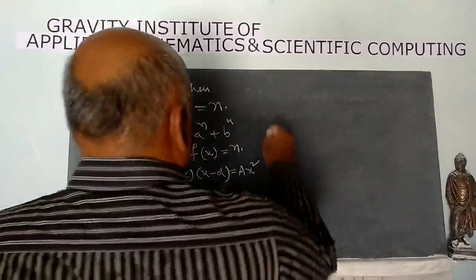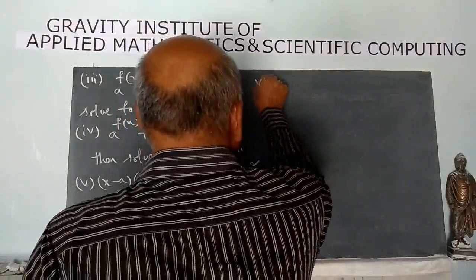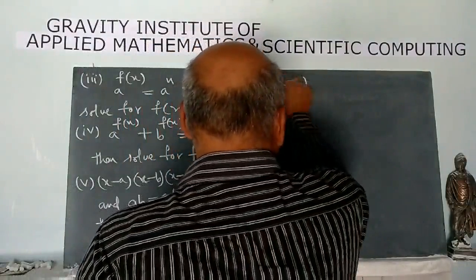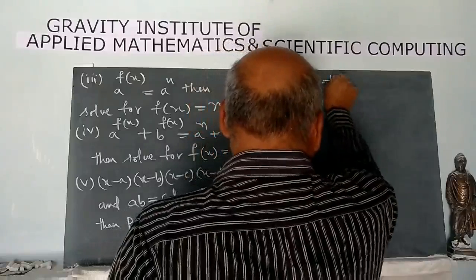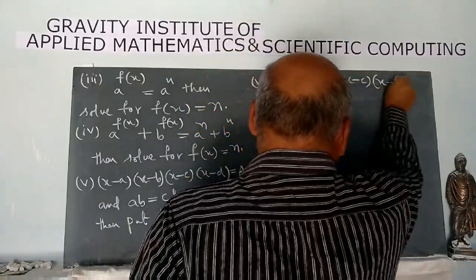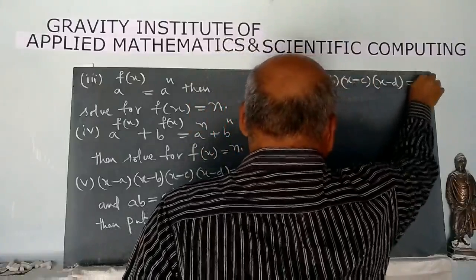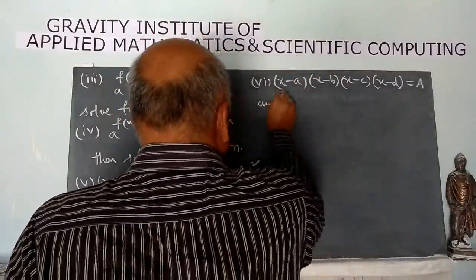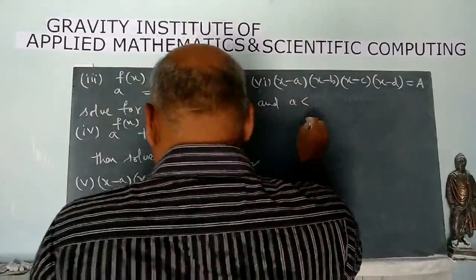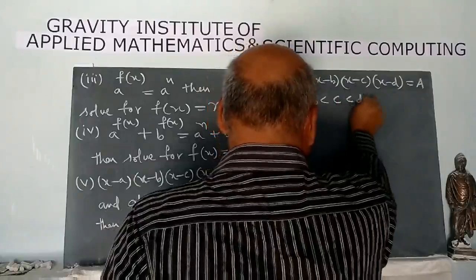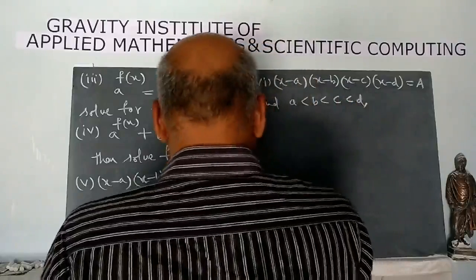Sixth subpoint, (x minus a)(x minus b)(x minus c)(x minus d) is equal to A, and a is less than b is less than c is less than d.